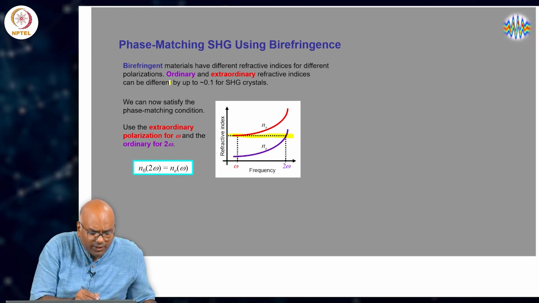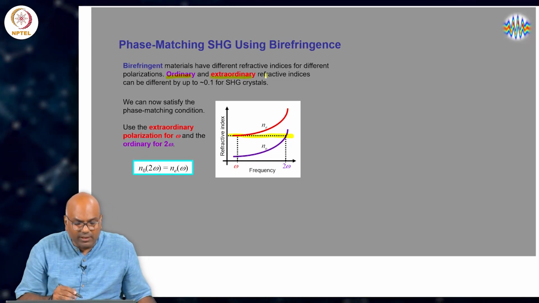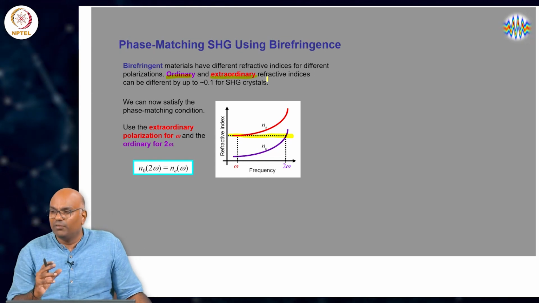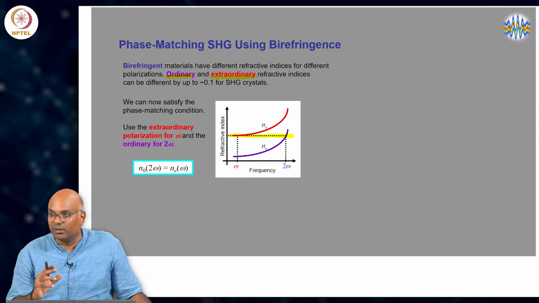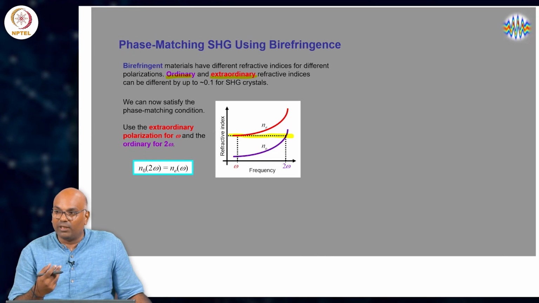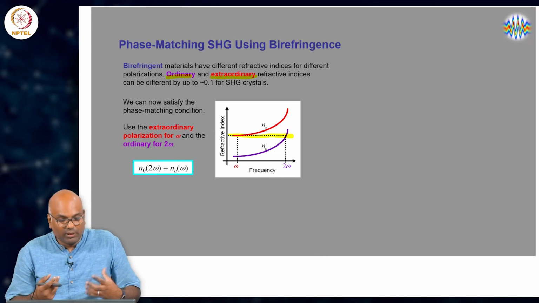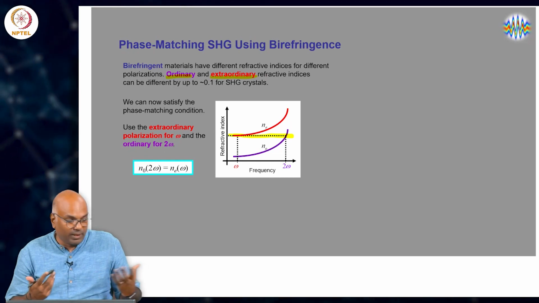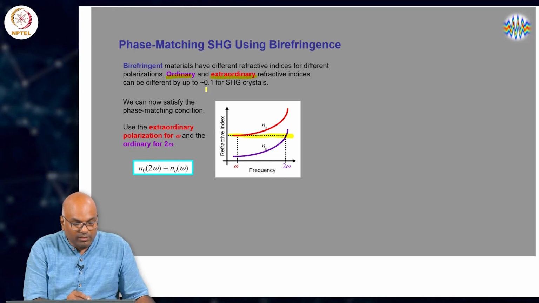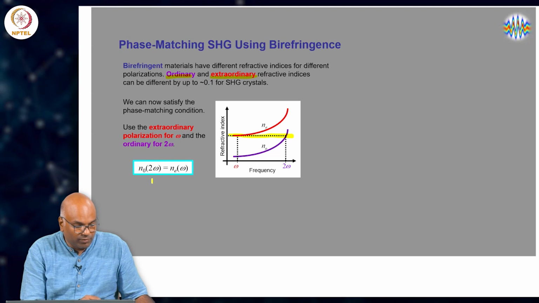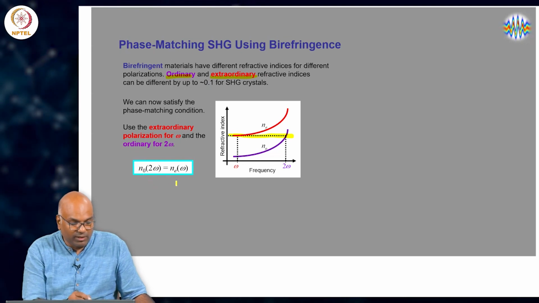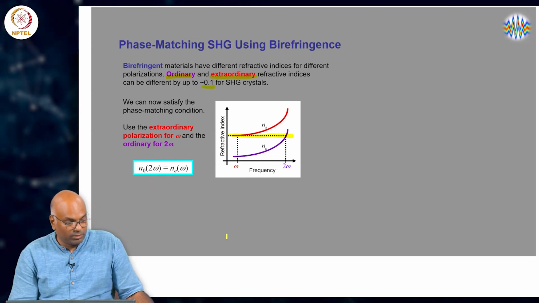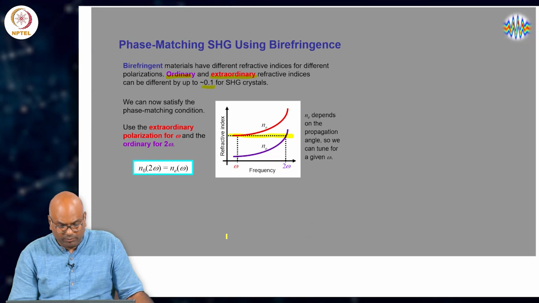The ordinary and extraordinary refractive indices for these crystals are different only by about 10%. If we take a nominal refractive index value of, say, 1 point something to 2 point something, they differ. The delta of No minus Ne is just about 0.1, all right.